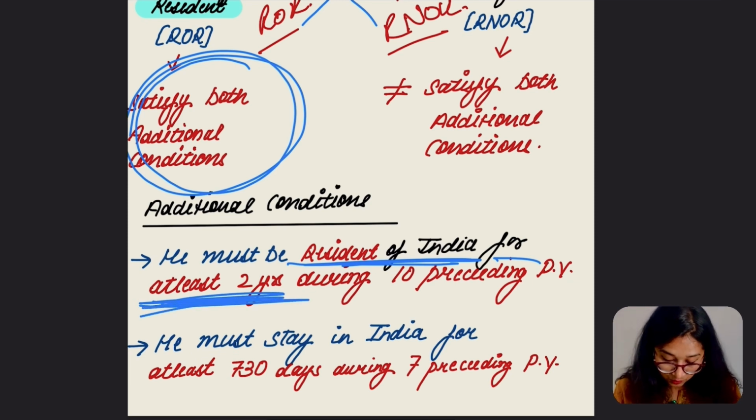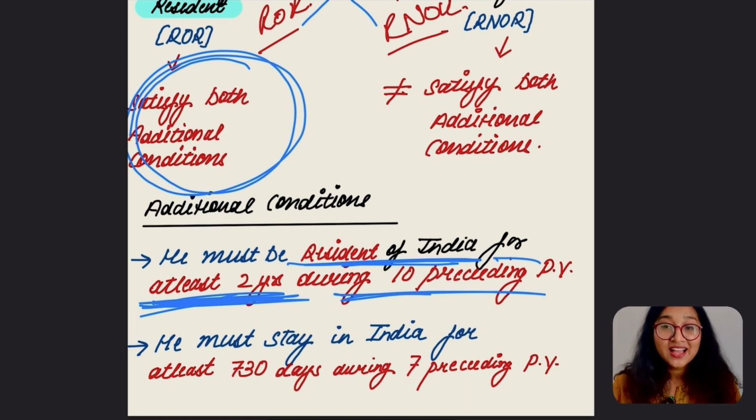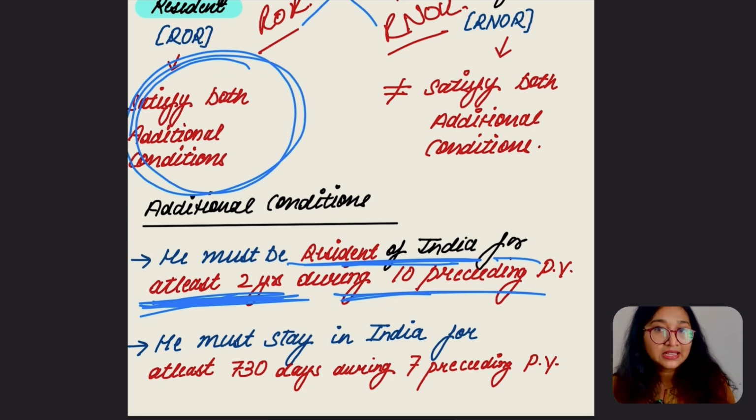At least 2 years. Are we going to count these 2 years in the relevant previous year? No, they are talking about at least 2 years during the 10 preceding previous years, right? If we are determining the residential status of an individual for 2018-19, then 2018-19 would be your relevant previous year.